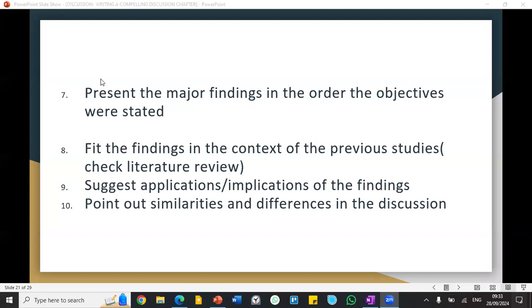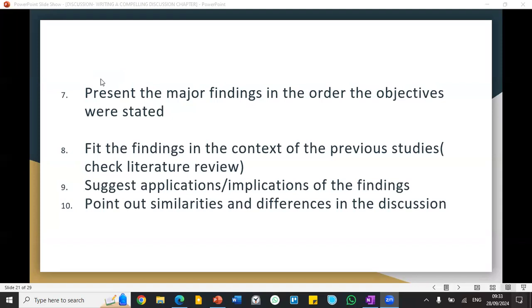Okay. Let's proceed. So I was saying, when you were doing your literature review, you had prepared a literature map where you have all the literature you have explored, and their findings, all summarized. So when you are writing your discussion, it will be easier to go back to the literature map to cross-check whether they are in line with your findings.